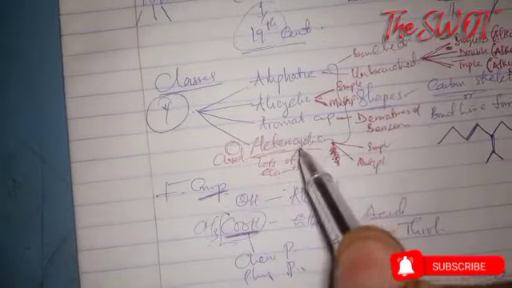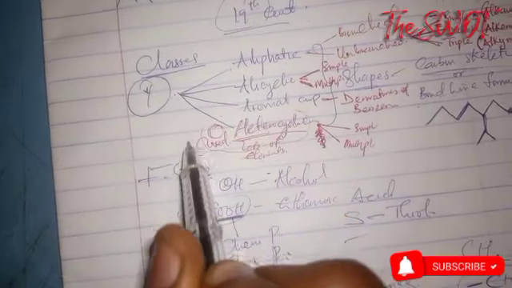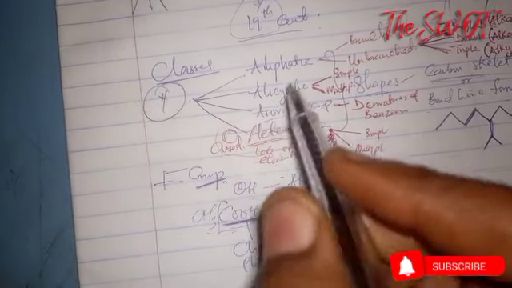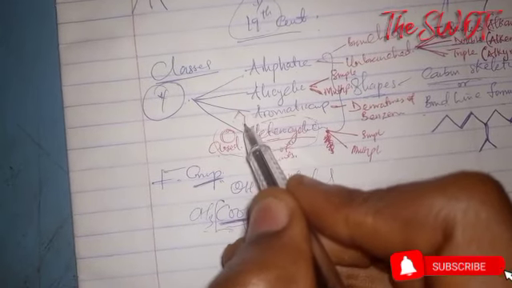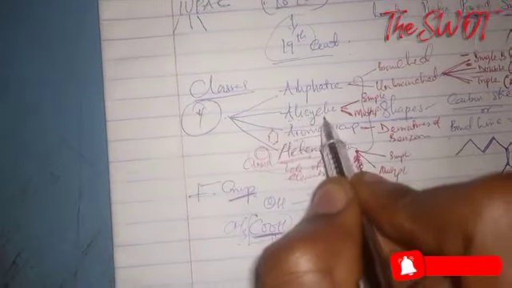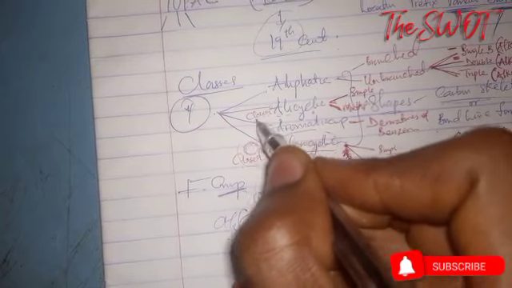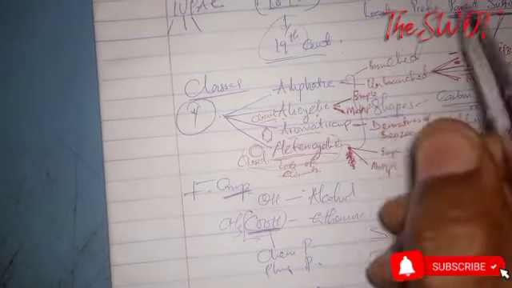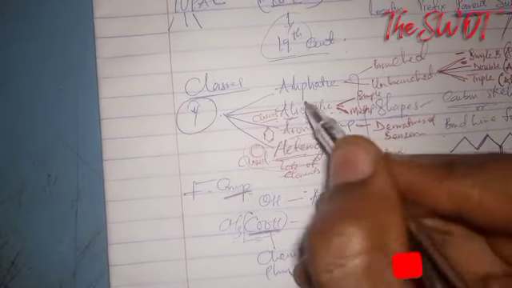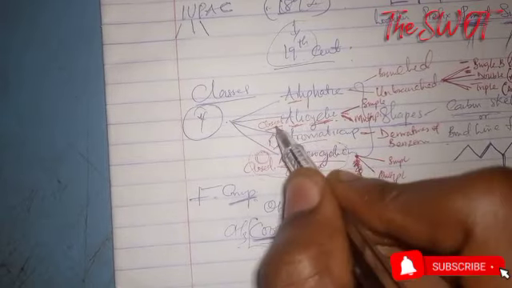So meaning that the compound here, or the bond that exists, is a closed ring, just like aromatic compounds. Aromatic compounds have a benzene ring. Then alicyclic as well is also closed.